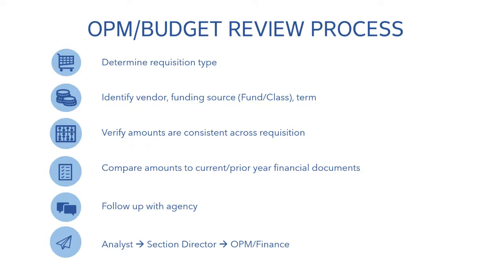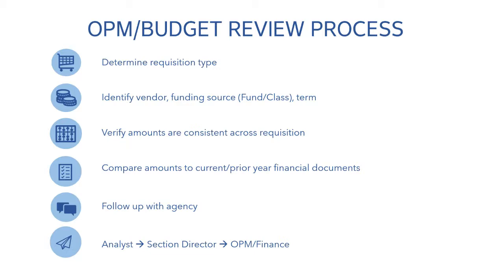There are times when those numbers don't match up, and so we check them to make sure that everything is aligned, and if not, we follow up with questions. Most importantly, we look to financial documents to corroborate the dollar amounts associated with the request.